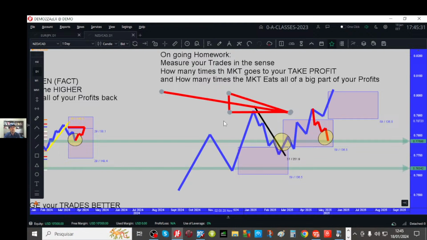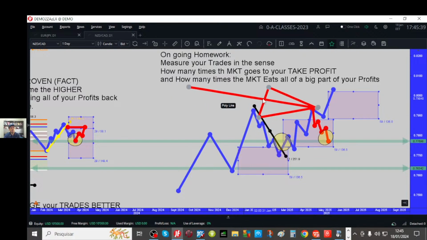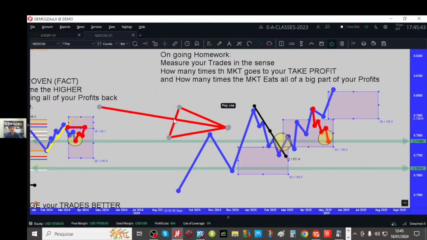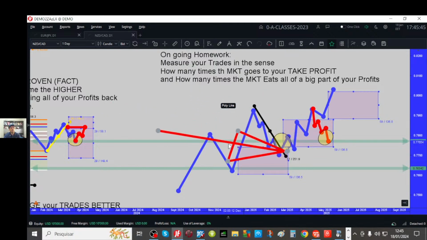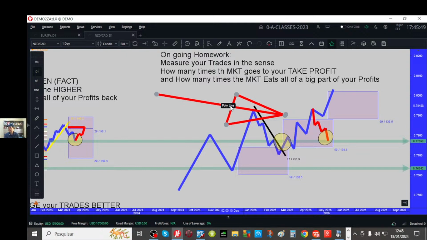I almost told you what to do. If you measure your trades and see that 50% of the time this happens, are you going to continue to trade with the fixed stop loss, or are you going to start managing your trades? And there is no right or wrong, this is your business.